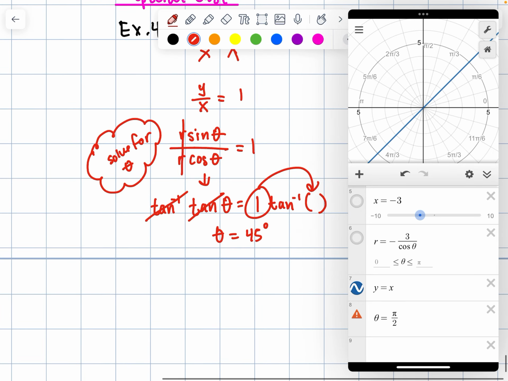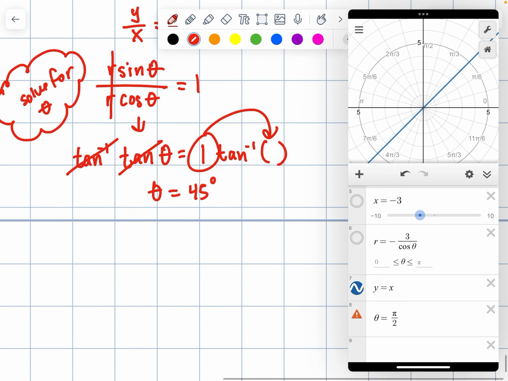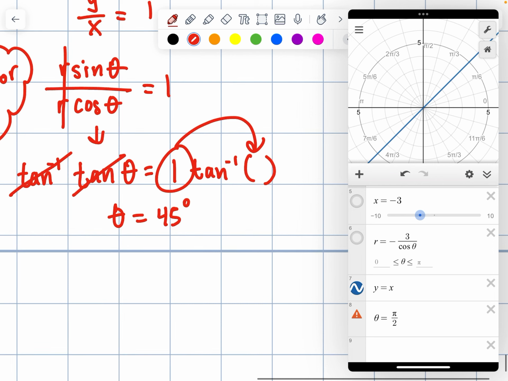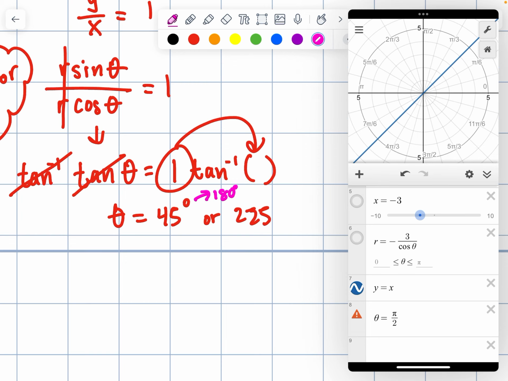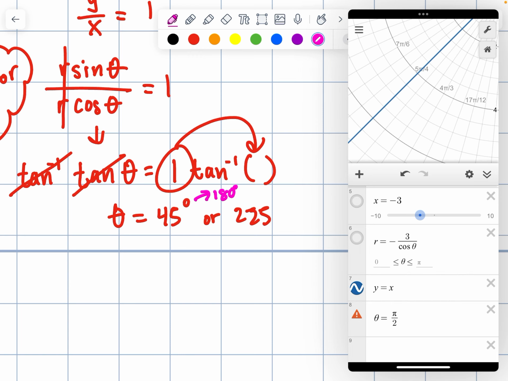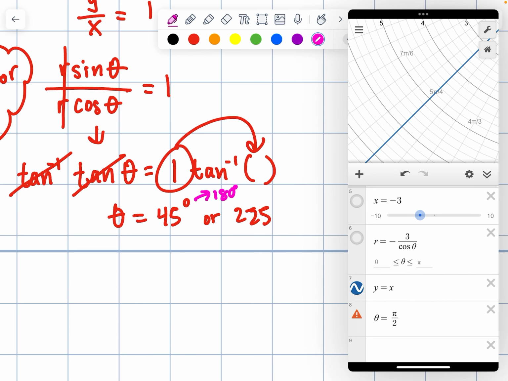This is where we need to be able to recall, okay, theta at 45 degrees for tangent, when tangent is equal to 1, is 45 degrees, it is also technically 225 degrees, because if you add 180 degrees to this, you are landing in the bottom left quadrant, quadrant 3, which is 5 pi over 4.